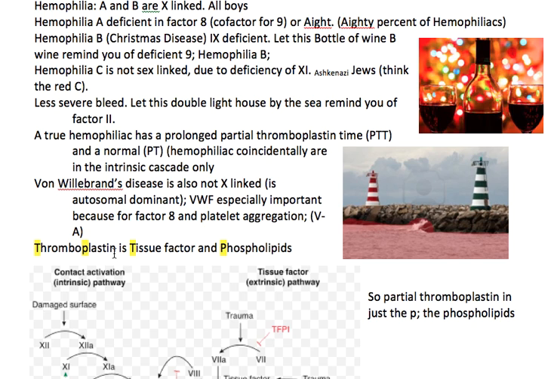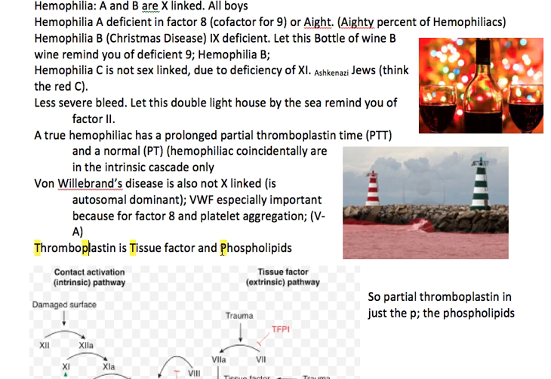And so when someone says a partial thromboplastin time, what they're saying is we're basing this test on a partial thromboplastin. And what does that mean? We have to also interpret this confusing terminology. Partial thromboplastin is basically part of this thromboplastin. It's not the T, it's the P in this mnemonic.